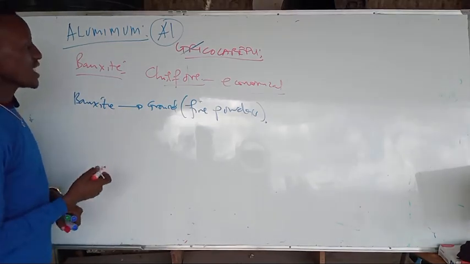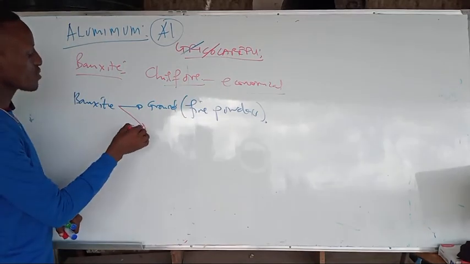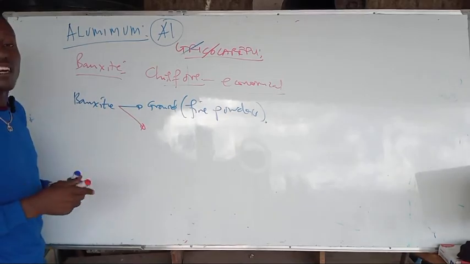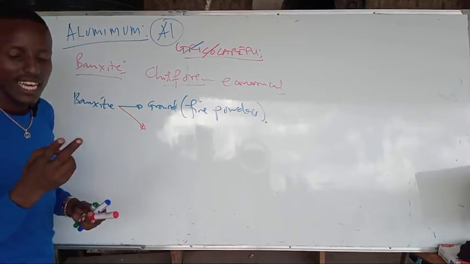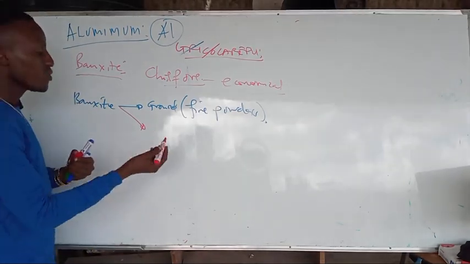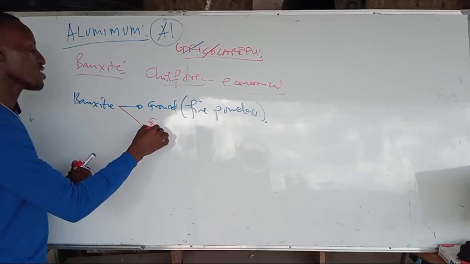Then the bauxite can be moved into concentration. For concentration, there are 3 methods that can be used. Can it be the gravity method? Can it be the magnetic method? Or can it be froth flotation? For the aluminium, we use froth flotation.